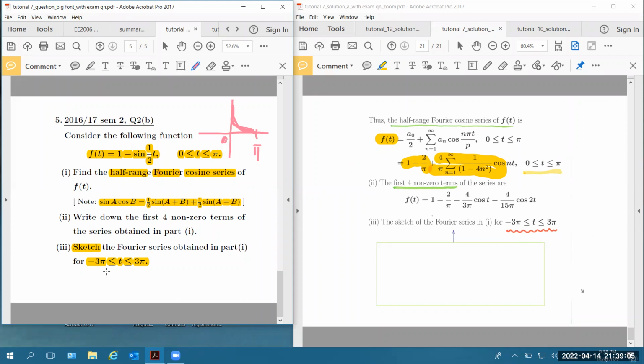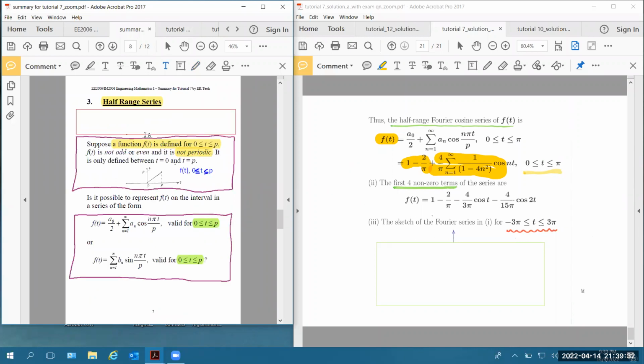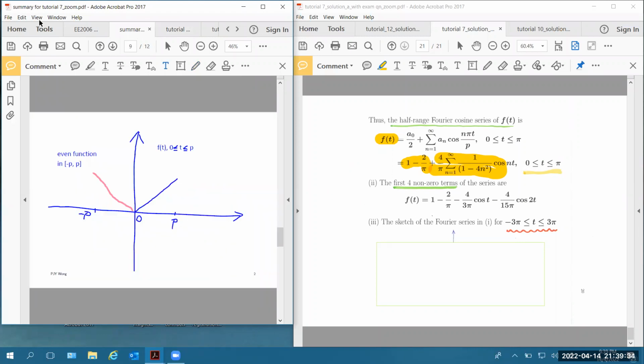Okay, so how do you make it until -3 pi to 3 pi? Well, now you've got 0 to pi already. Then what do you do? By symmetry, then extend. Symmetry. Why do you say symmetry there? Because we are doing a half-range Fourier cosine series. All right, remember just now our summary, we said how do you do half-range Fourier cosine series? You have your function here. Suppose this is your function.